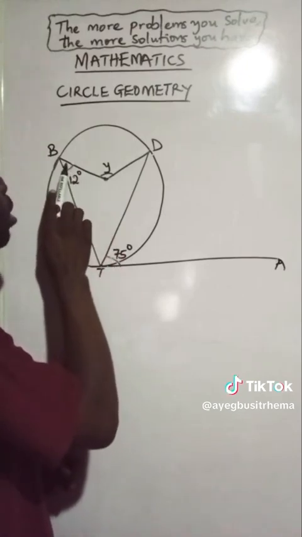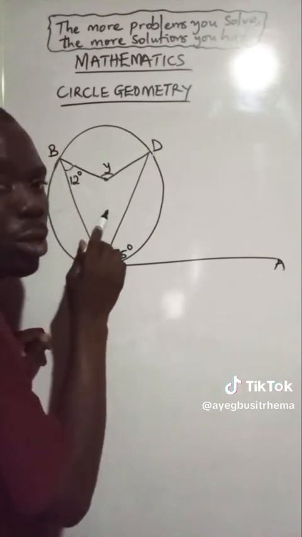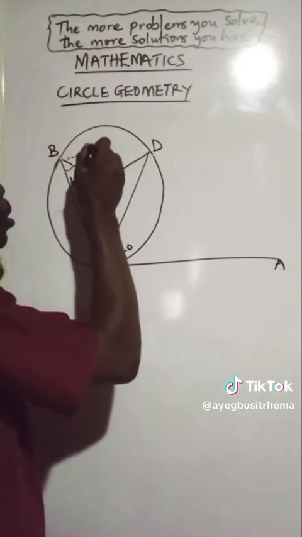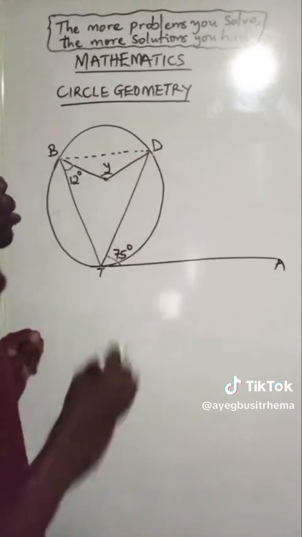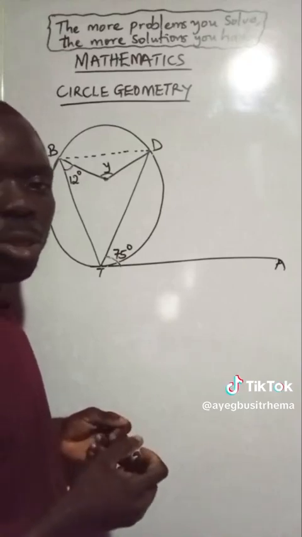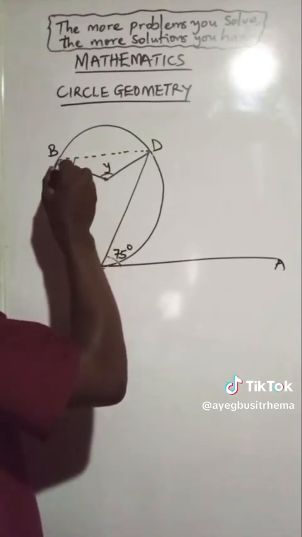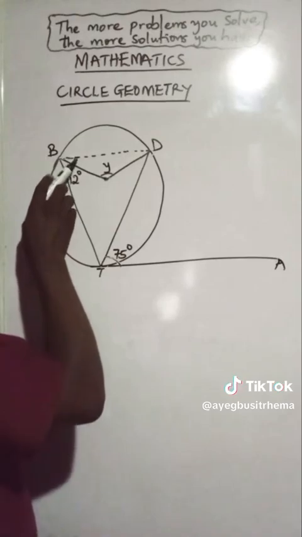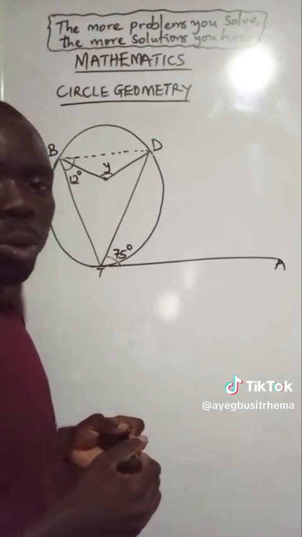The angle of the alternate segment is not fully revealed, and that is why we just need to join B to D. So we are going to extend B to D like that, so that this angle, addition of 12 degrees and another angle here, will give us what we require.